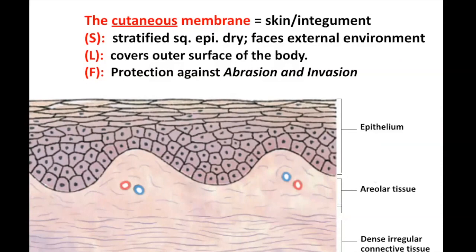That's a stratified squamous keratinized epithelial, right? That's facing the external environment, right? And that's protecting against abrasion and invasion, meaning that if you scrape this or if you rub up against stuff, it won't just fall off and damage the underlying tissue, right? So the cutaneous membrane is confined to the skin, basically, the outside of your skin right there.